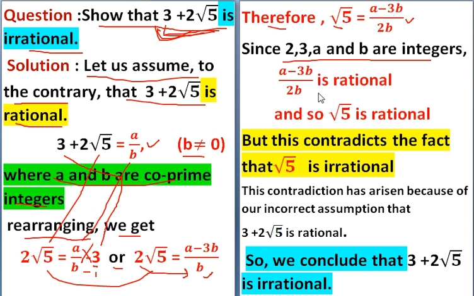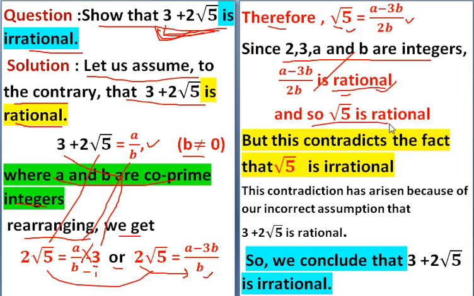Then the ratio of these values will be rational, because we know that if any value is in the form of p by q, and this a minus 3b by 2b is in the form of p by q, hence this will be rational, and if this value is rational, then root 5 will be rational.